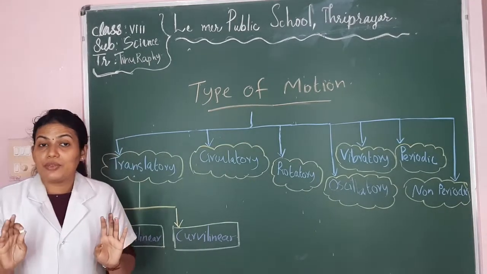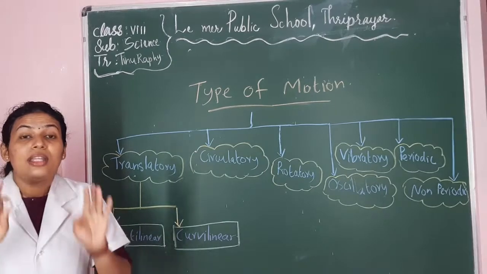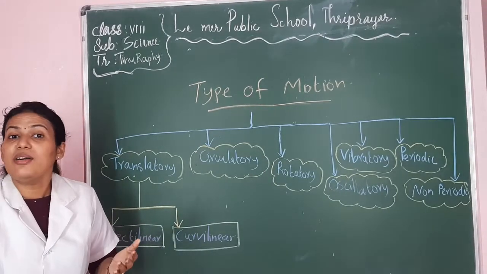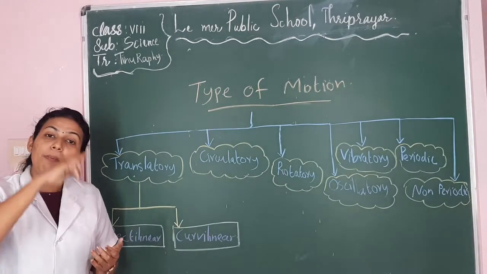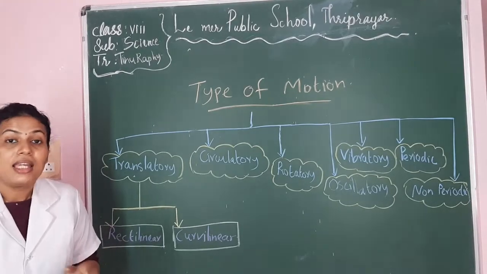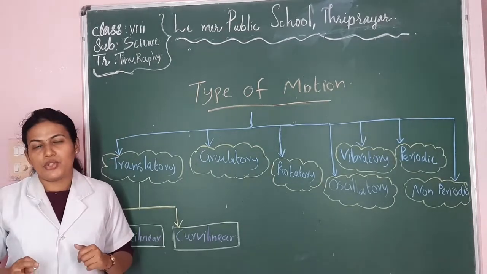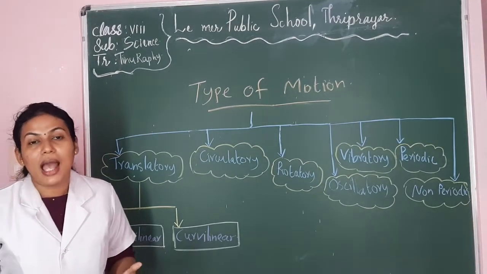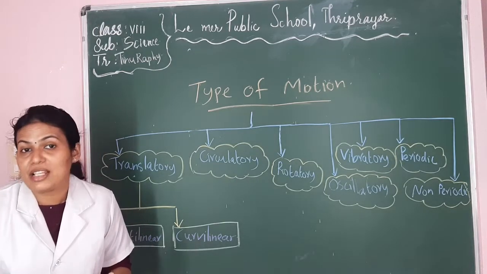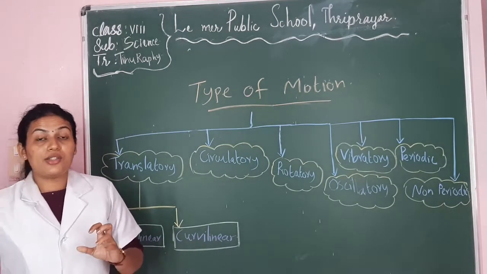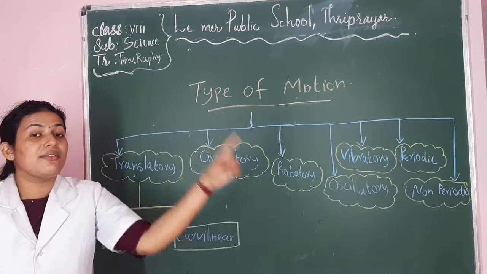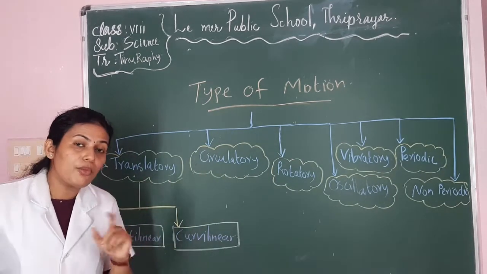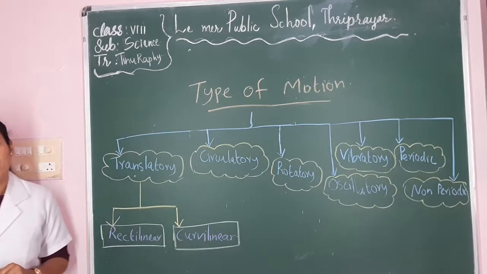In that game, you know the ball will be moving in a curve, isn't it? So such a curved path is said to be curvilinear motion. And another example is when you throw the javelin. You may have seen the players throwing javelin. It has a curvilinear path, and that motion is also said to be curvilinear motion.